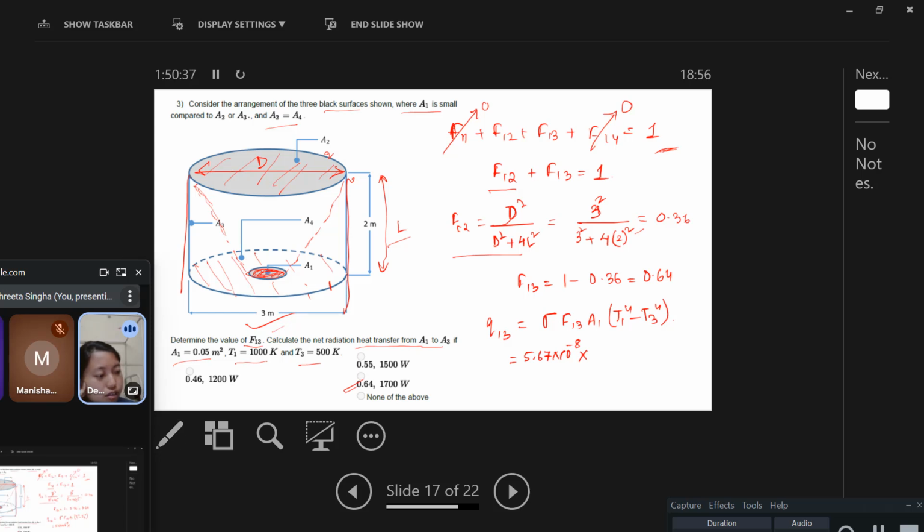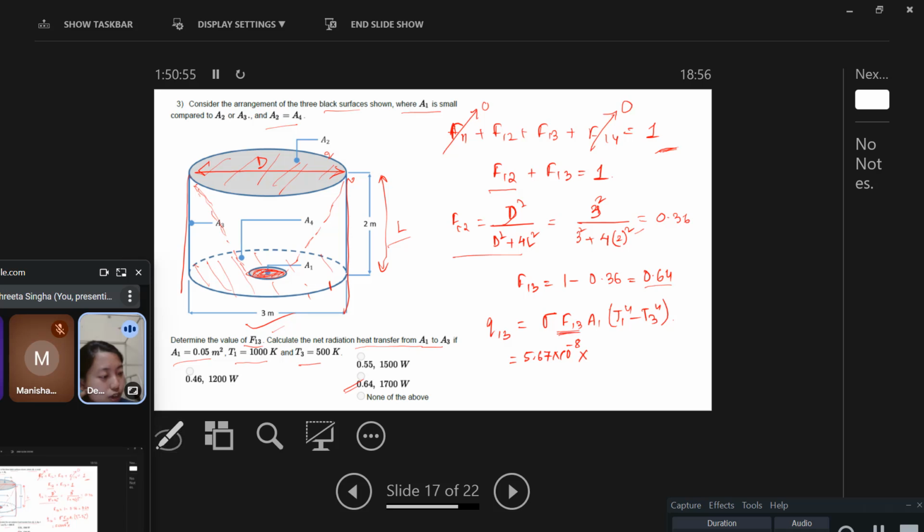In this case, we need to consider the view factor, since the view factor determines what fraction of the heat radiation surface 3 will get from surface 1.